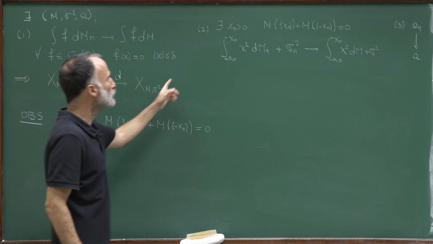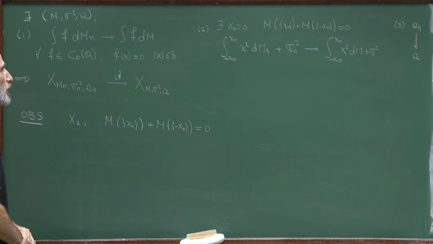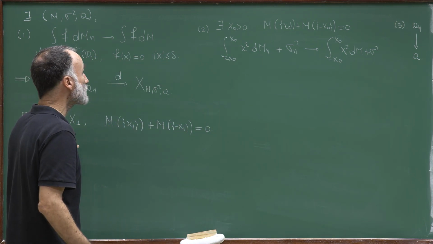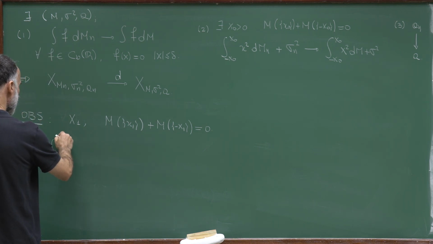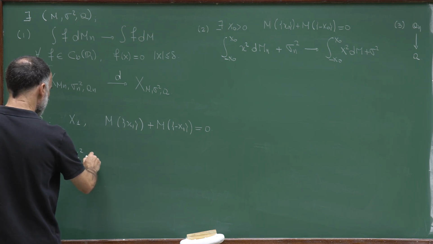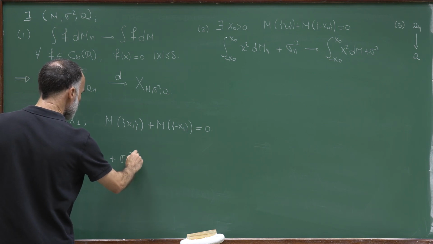And what I want to prove is that this limit converges when replacing x0 by x1. So let me consider the integral from minus x1 to x1 of x squared dmn plus sigma n squared.